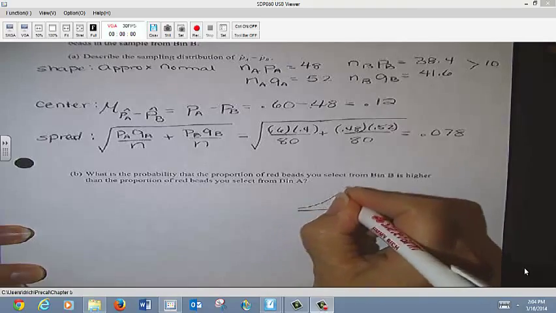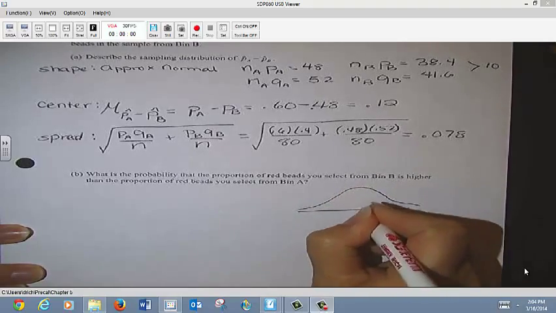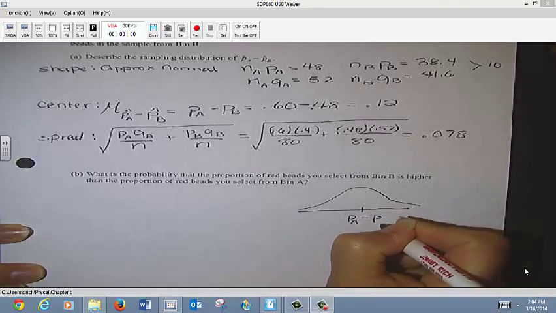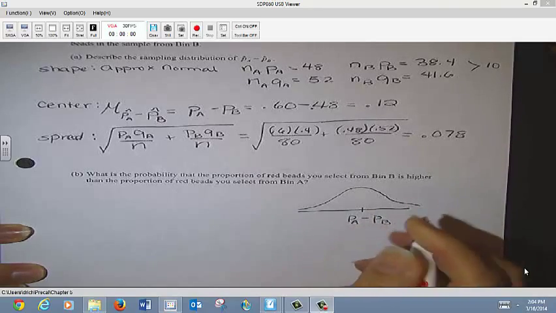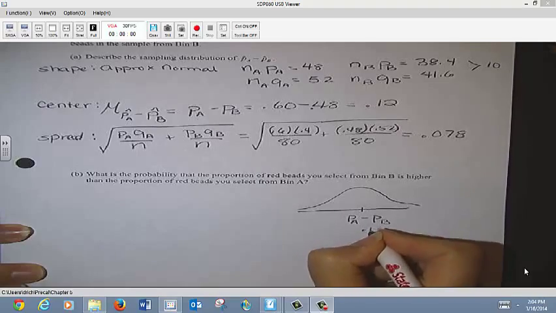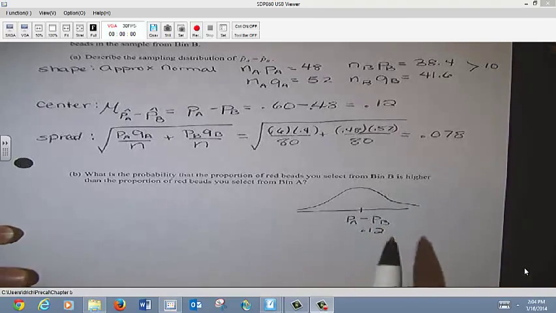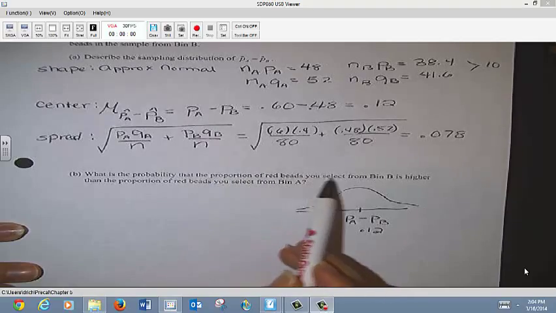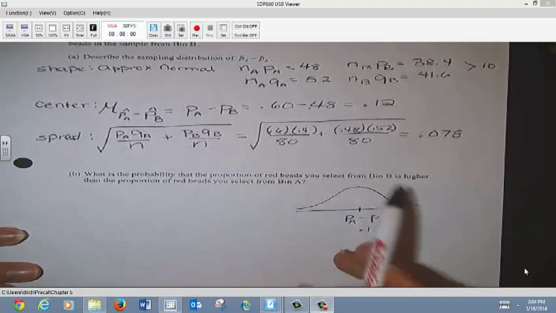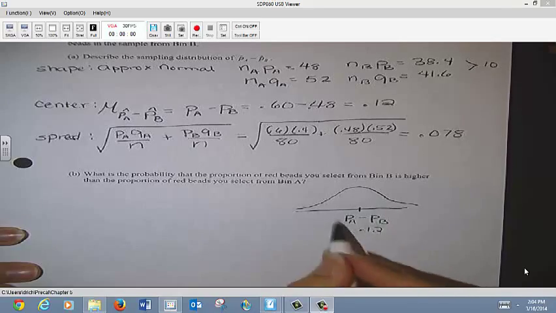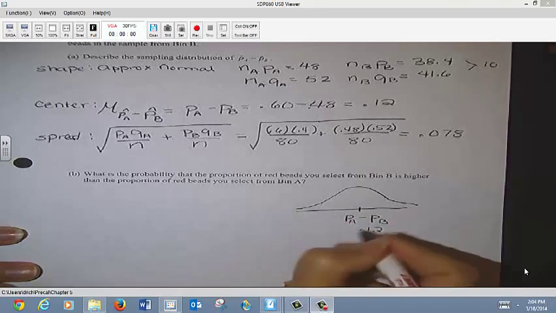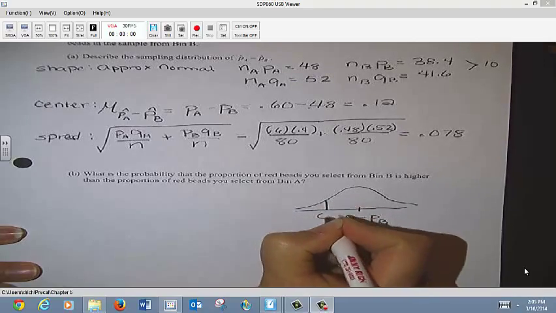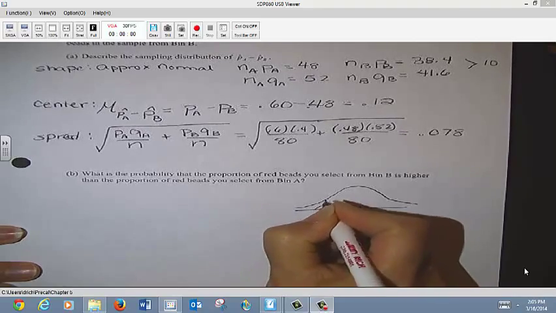If we have the center at proportion of A minus proportion of B, and we know that to be 0.12, and we're trying to see the probability that the proportion of red beads you select from bin B is higher, so we're actually looking for negative values in this difference.